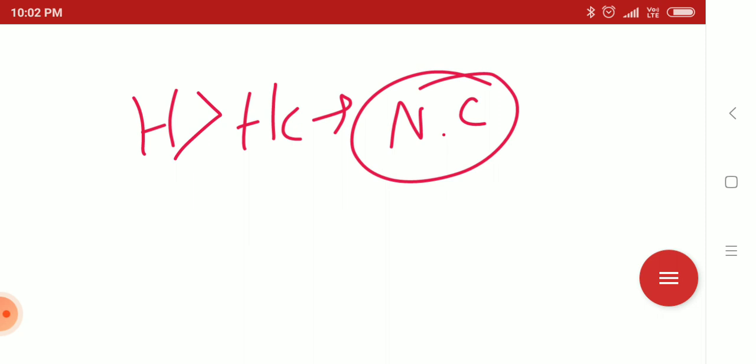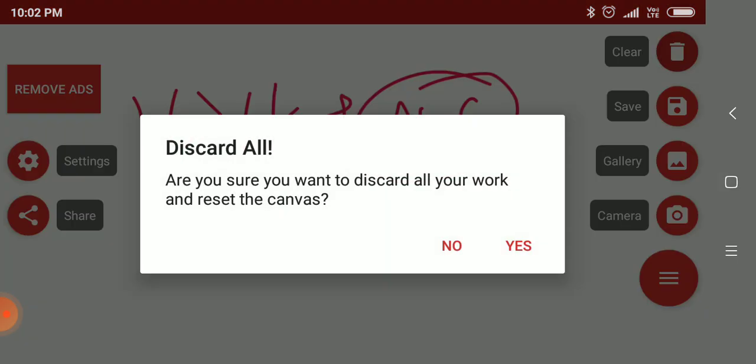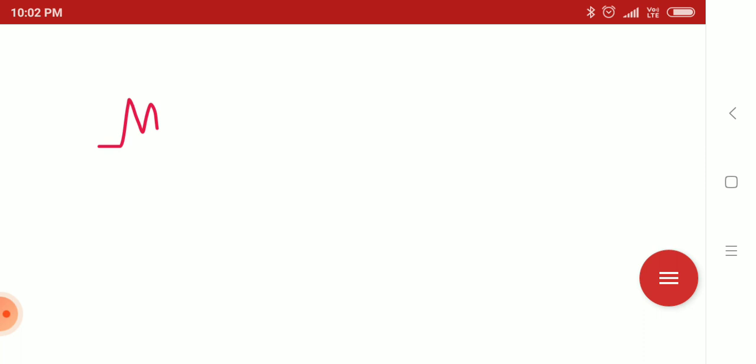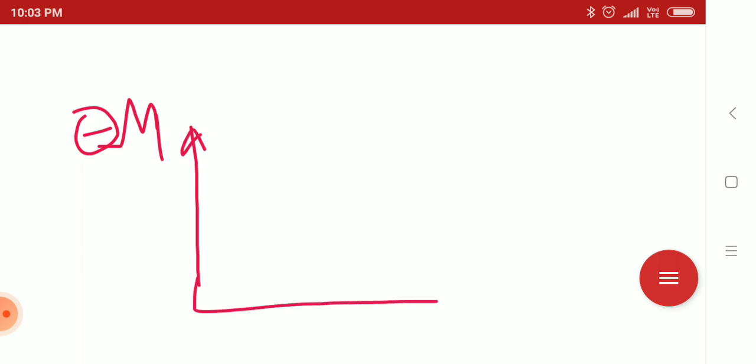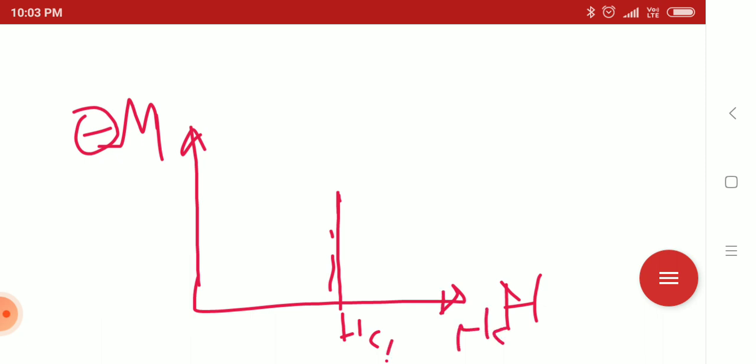How can we show it? Let's start. M is magnetization; minus M is along the y-axis and H is here. Here is the limit Hc1, and here is the limit Hc2. Up to Hc1, below this critical magnetic field, it will show superconductivity.